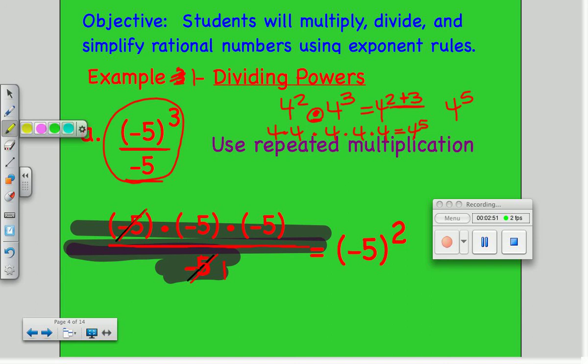So now I have -5 to the second power. Okay? So, another way to do this would have been to take -5, that's your base, the exponent 3, minus the exponent on the bottom, which is 1, equals -5 to the power of 2, or -5 squared. Okay?